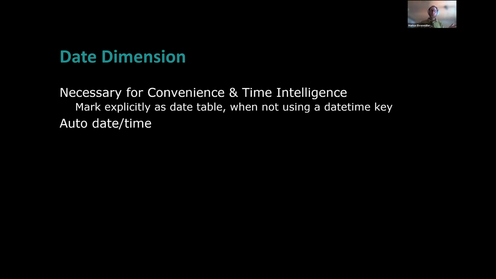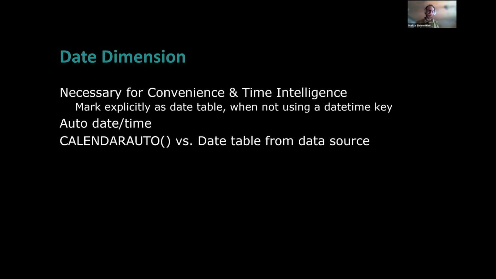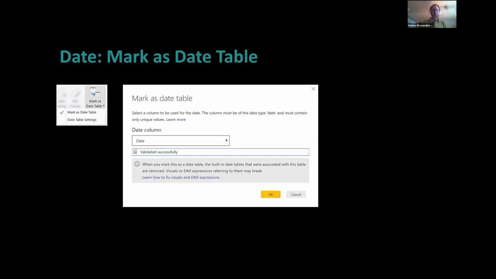Then we also talk about auto date time, which is for convenience, but you should avoid it. The CALENDARAUTO function and role-playing and multiple tables are modeling approaches. So the shortcut here, I could show you a demo, but as I only have 12 minutes left, just take the shortcut.